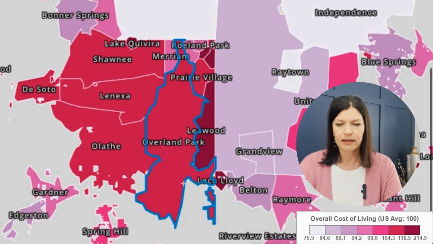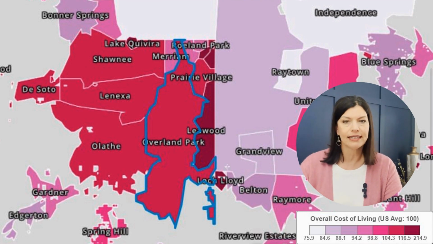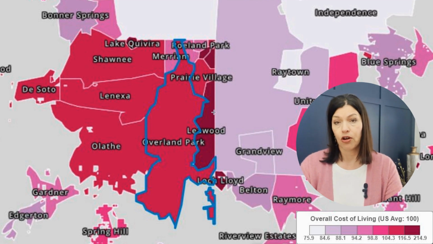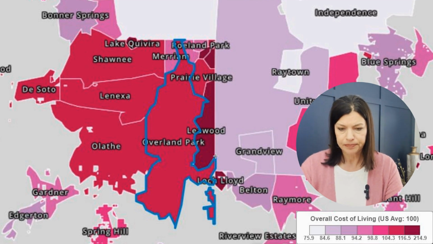So that section of Kansas right on the state line is going to be some of the most expensive areas to live in all of the metropolitan area. So as you can see from this map, we have every color. So we have every different type of cost of living that you can see.